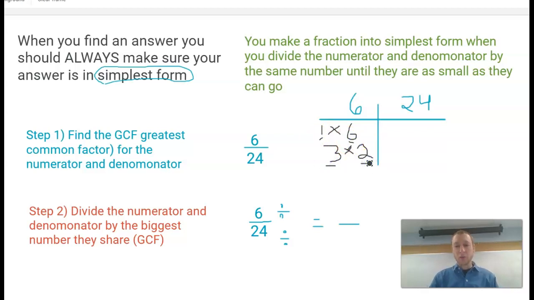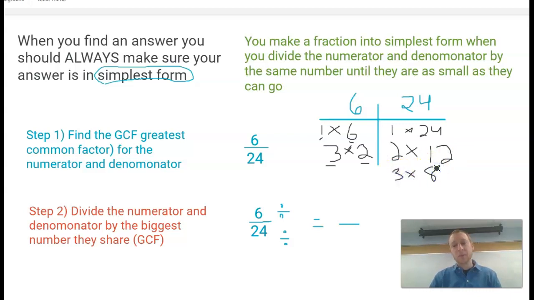How do we get 24? What are all the different ways to get 24? Well, 1 times 24 is 24. How else can we get 24? 2 times anything? 2 times 12 is 24. How about 3? 8, right? 3 times 8 is 24.